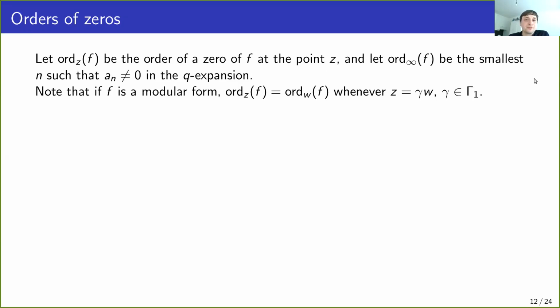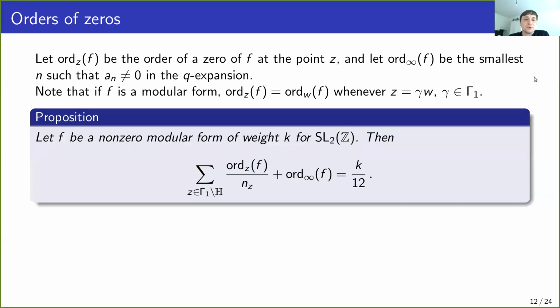So in that sense, we have the following formula, which is going to be the key for one of the proofs of finite dimensionality.